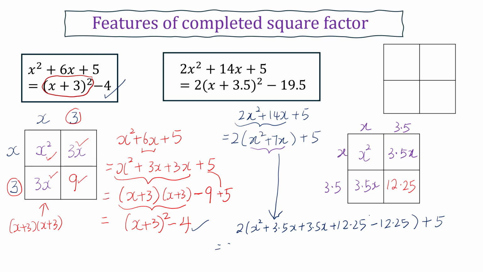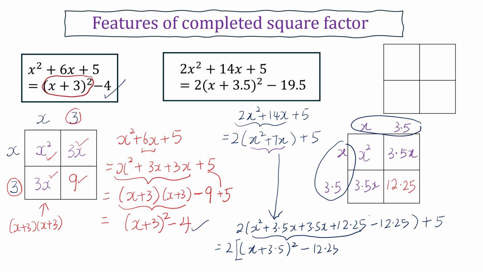Okay, so that will give me, I need a huge square bracket because these 3 terms here can combine into x plus 3.5 squared. Okay, then minus 12.25 plus 5.